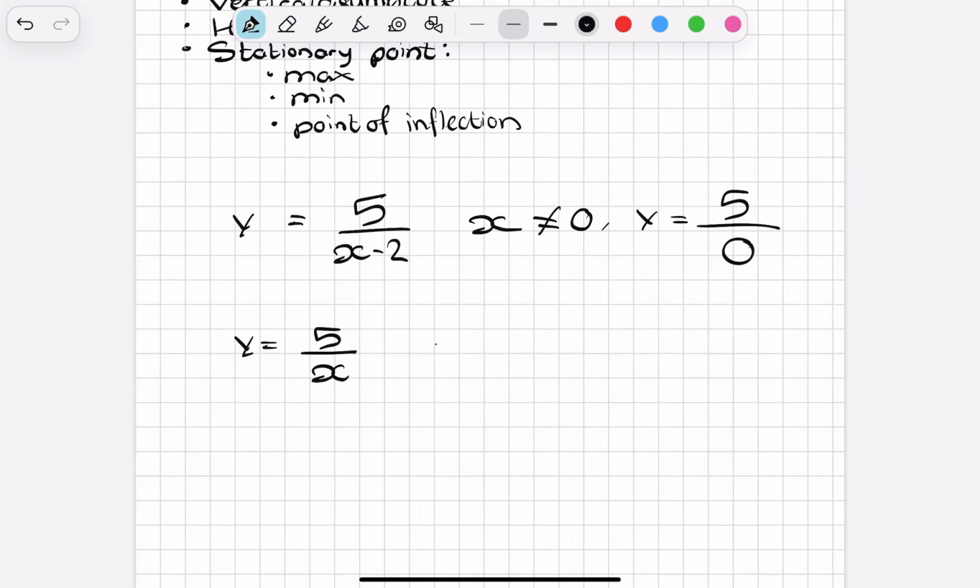As x gets closer and closer to 0, what happens? If x tends towards 0, y would be just a really large number, which is also the same thing as saying y goes towards infinity.